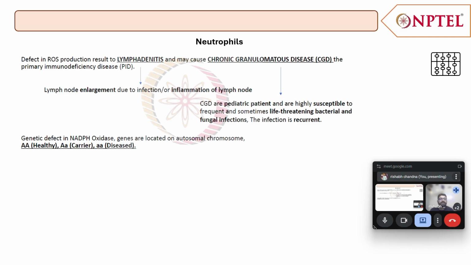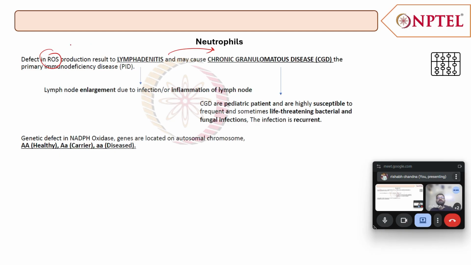Whenever there is a defect in reactive oxygen species production, that results in lymphadenitis. Okay, and it causes a genetic disease that is chronic granulomatous disease, that is CGD. Okay, and it is termed a primary immunodeficiency disease.